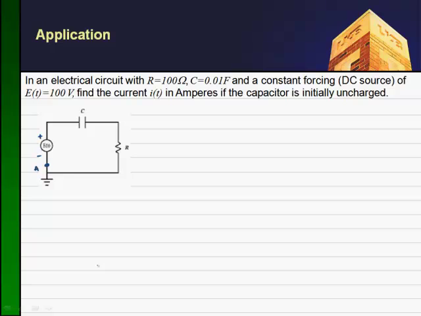And as I go across the source, I pick up energy to the tune of E of t, and the potential drop across the capacitor is 1 over C times the charge, which is a function of time. And as we proceed around to the resistor, we recall Ohm's law, which is a minus R times I of t.